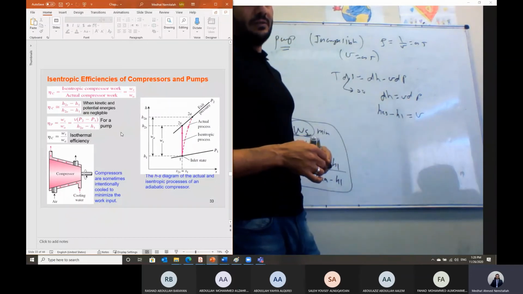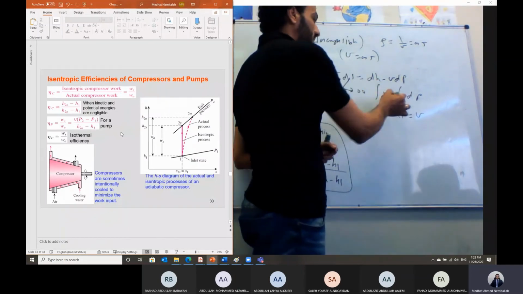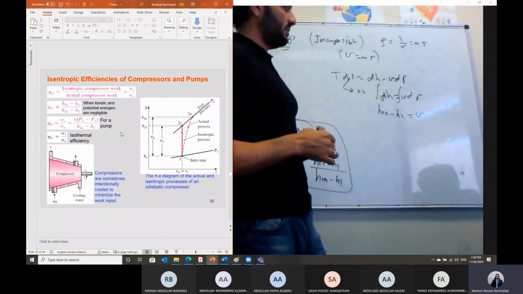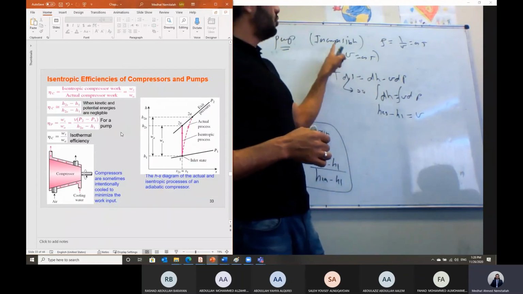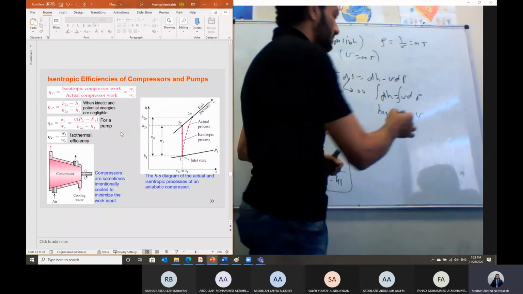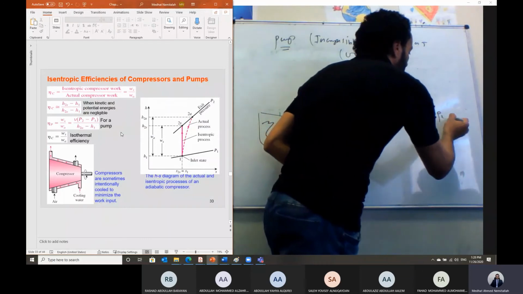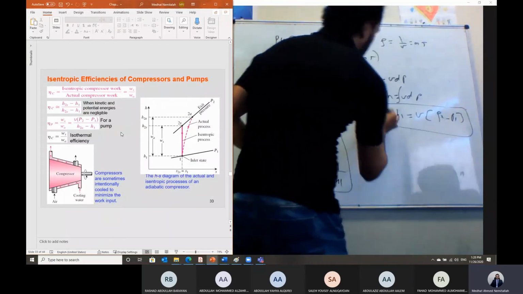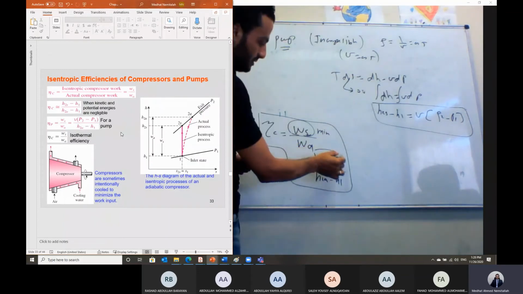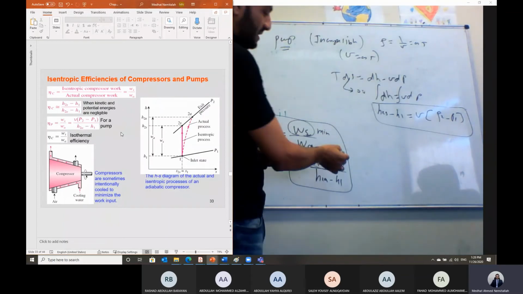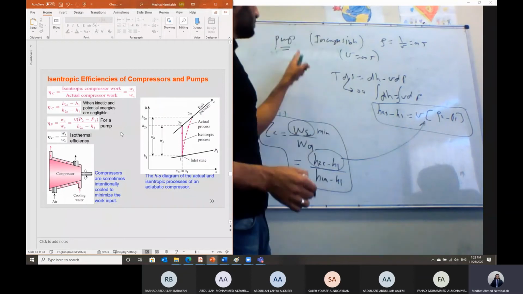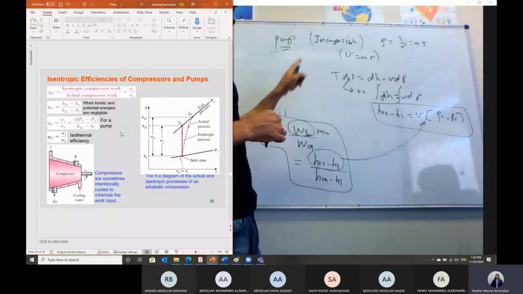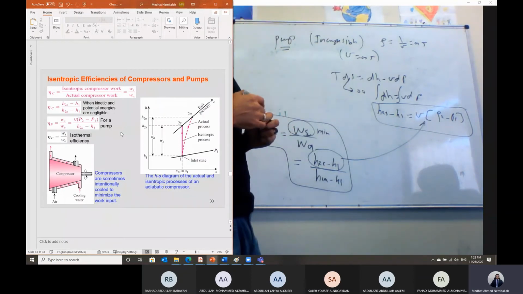V is constant, so we just integrate here. So delta H, which is H2S minus H1, for an incompressible substance where volume is constant, will equal V multiplied by P2 minus P1. So we can replace this term, H2S minus H1, by this term in case of pumping an incompressible fluid, which is the liquid case.